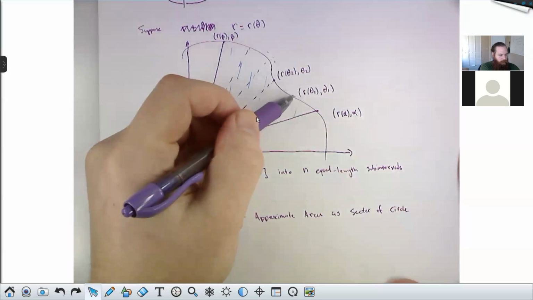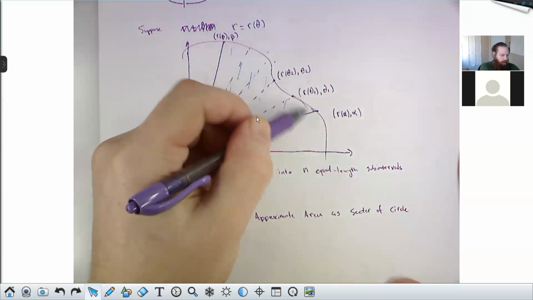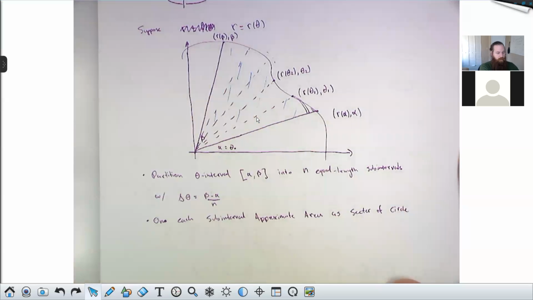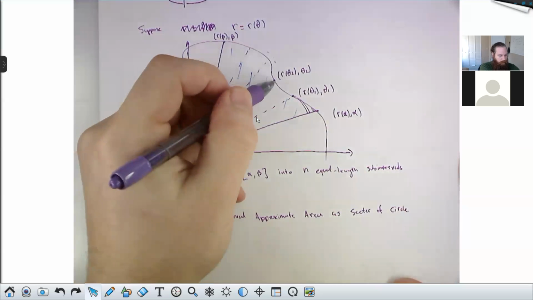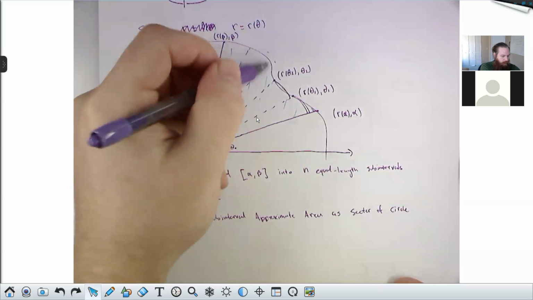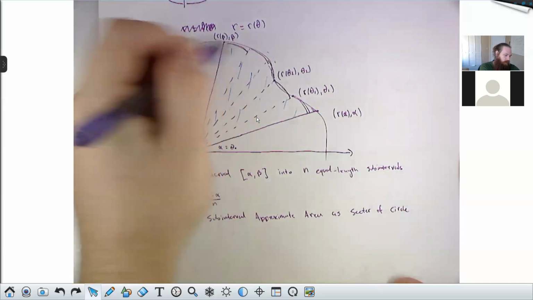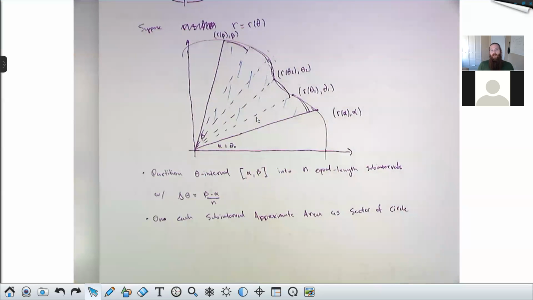So for example, in here, I'm going to pretend like this is a sector of a circle. It's not. It's off by a little bit. But on each one of these, I pretend like this is a sector of a circle. Those are your Riemann rectangles. They're not rectangles here, they're little circular sector areas.